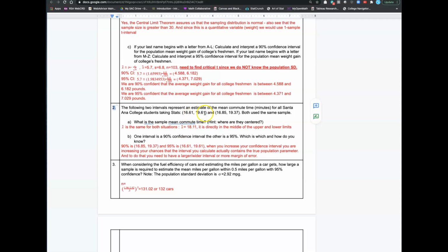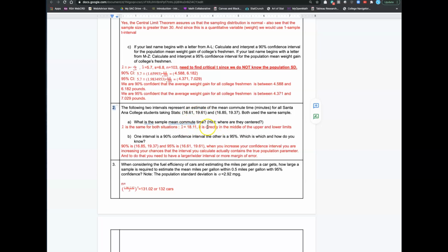When you construct a confidence interval, it always starts with the sample mean, and that will always be in the center of those values, right? It's directly in the middle. And then I think what I've seen people do in their homework is they add these two numbers up and then divide by 2. And then that gets you your center value or your sample mean, right?